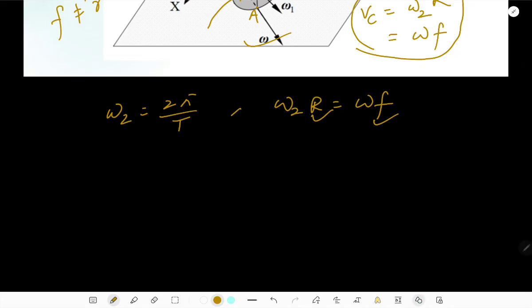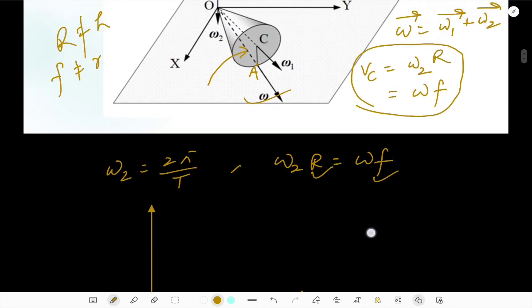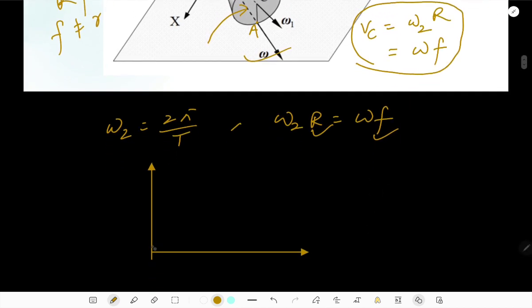I am watching this cone from the side. There is one axis, and this is some line, and the cone will look like this to me.